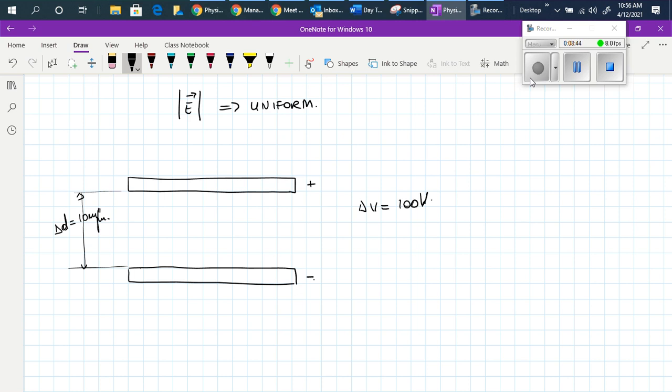What that means is that if we have a point A at the negative plate and a point B at the positive plate, the change of voltage between those two being 100, the electric field strength will be the same because it is uniform.